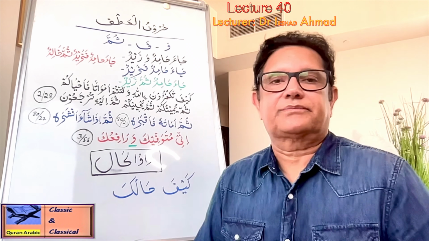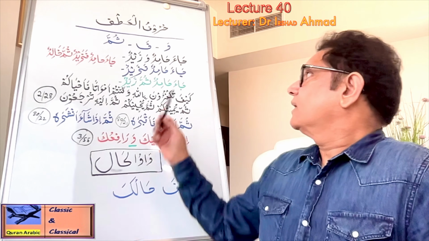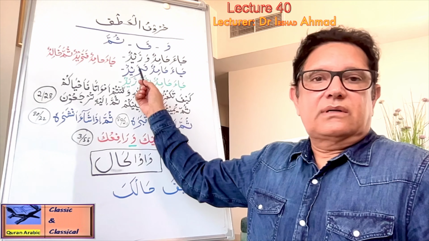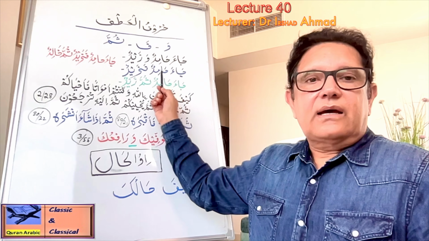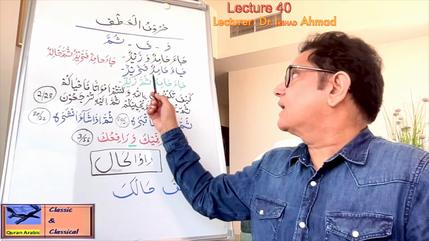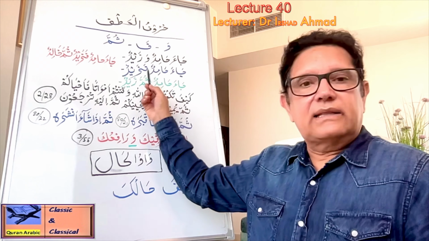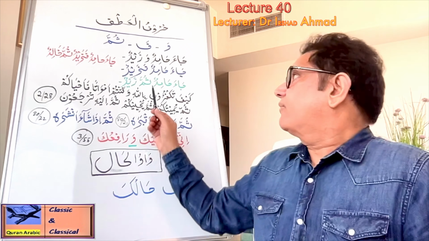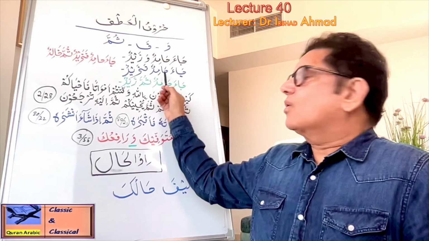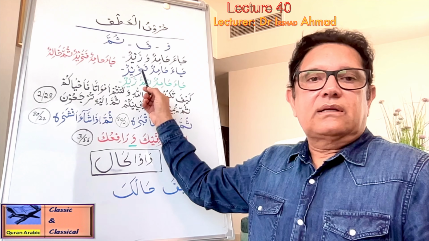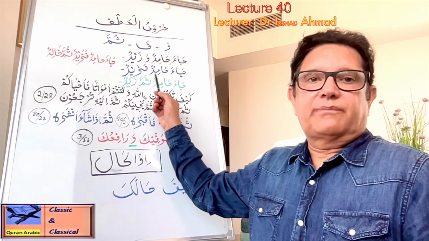So it doesn't really give us any order, nor does it tell us anything about the time of arrival of these two persons. On the other hand, when we say Ja'a Hamidun fa Zaidun, here this fa gives order. This certainly means Hamid came and then Zaid came. Not only that, there is only a short period of time between the arrival of these two persons.